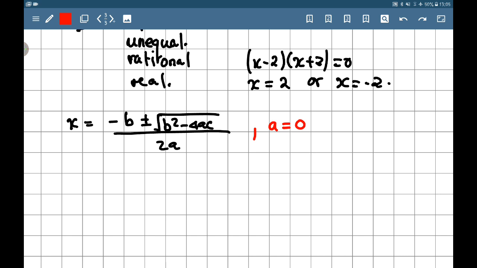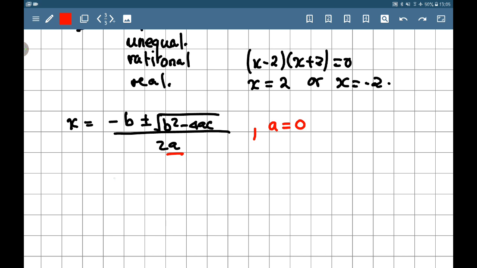But if a is less than 0 or greater than 0, we are going to deal with real roots. But I don't want you to focus on that. That's the least of our worries when we deal with the nature of roots. But I'm glad you picked that up. Because if a is 0, we are going to have a fraction that's over 0. And anything that's over 0 does not make sense. Therefore, it does not exist.